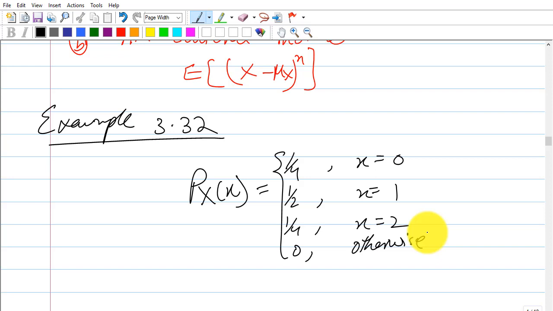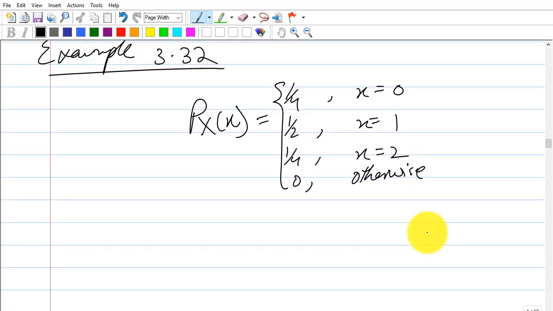We will find the variance using both methods. We have previously seen that the expected value of this random variable is 1. So we need to find the variance of x.